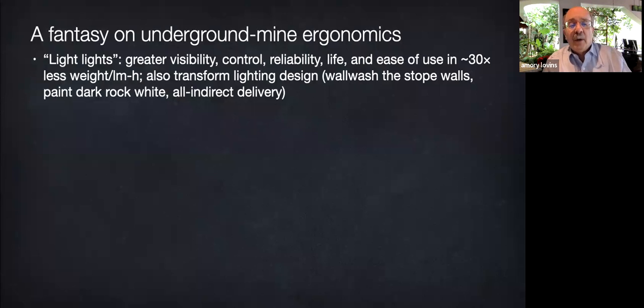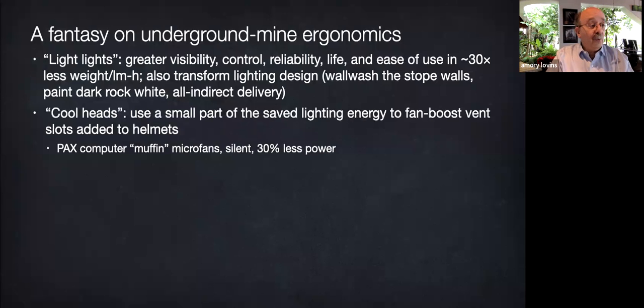But our show and tell kit included featherweight cable-free LED mountaineering and caving lamps that even back then in 2004 gave tens of times more light per kilogram, more reliably, more durably, with better control, and with enough electricity left over to run an efficient little fan to cool your scalp through a helmet slot. Well, today the white LEDs have become about 3 times more efficient still, further improving ergonomics and safety.